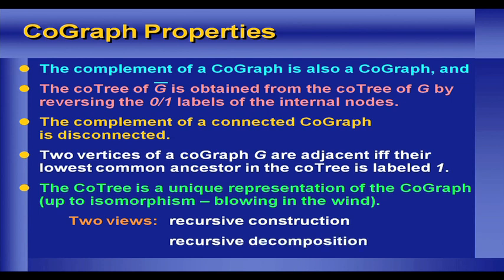Alternatively, I could view it as a recursive decomposition. If I had a CoTree, or if I had the graph, I would be taking the whole graph. I would look, how can I break it? If it's disconnected already, then each piece becomes a subgraph underneath a 0 node. And then I continue recursively.